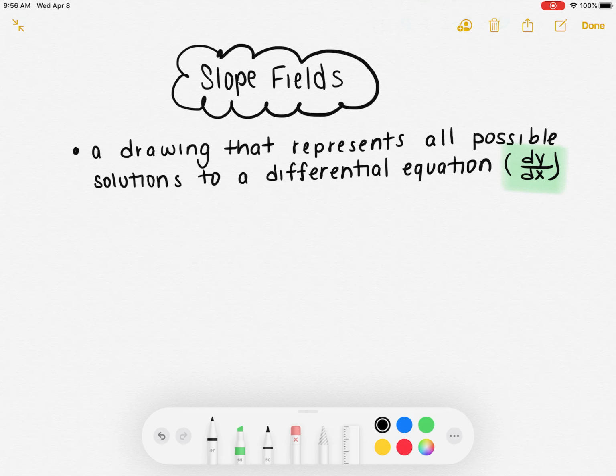If I want to draw a slope field, the first thing I should review is what slopes of lines generally look like. If I had a line like this, I have a slope of 1. If I have a line that's completely flat, I have a slope of 0. If I have a vertical line, that's a slope that's undefined.